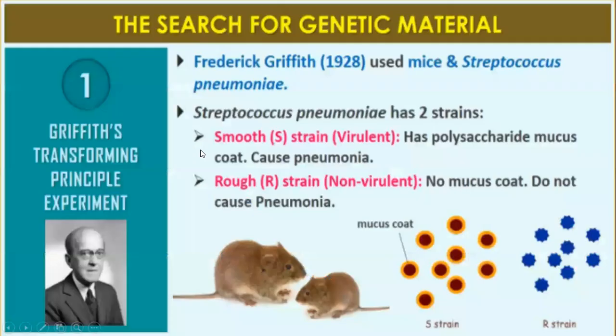Okay. So the search for genetic material, the first experiment that we are going to learn is the Griffith experiment. Griffith transformation or transforming principle experiment is the first experiment.